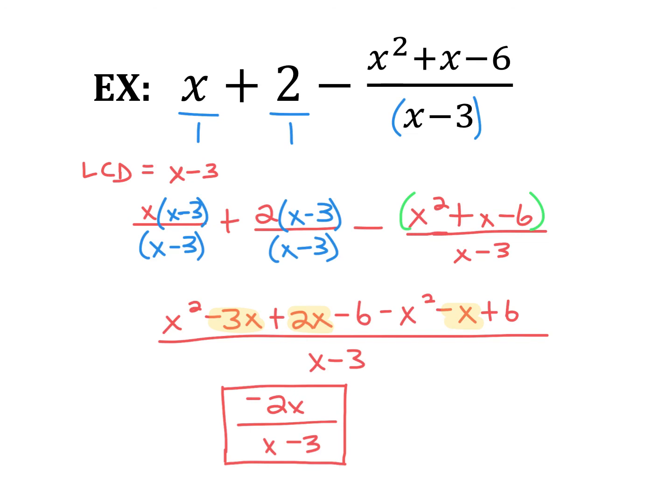By finding the least common denominator, you'll ensure that your subsequent work won't be as involved as it would have been otherwise, and you will not have as much simplifying to do at the end.